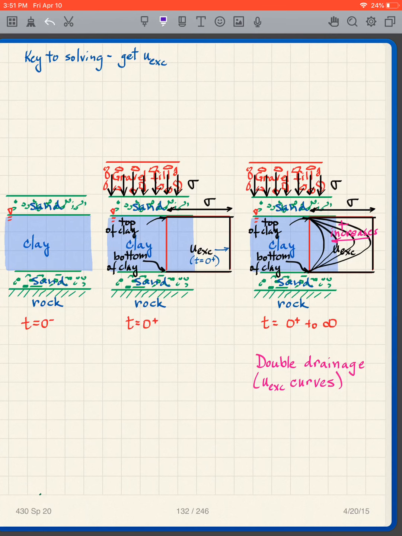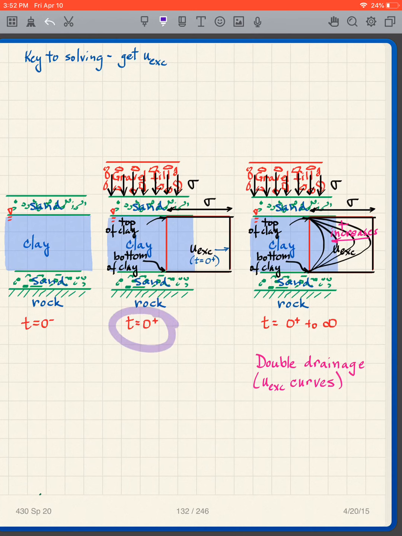So let's look at this particular situation here. Here's my t equals 0 minus situation. It's a double drainage because I have sand above, sand below. So in all these problems, the first thing you have to look for is is it single drainage or double drainage. Then at t equals 0 plus, we apply our gravel fill. What do we know about the excess pore pressure everywhere in the clay at t equals 0 plus?